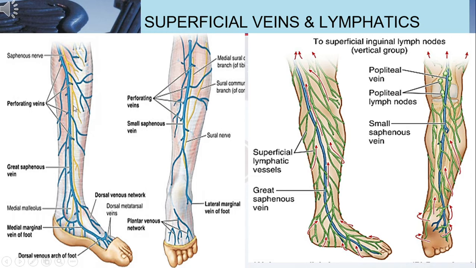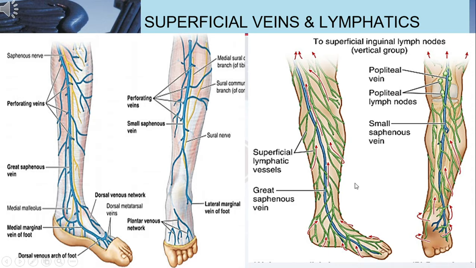This vein is going to end in the femoral vein in the anterior aspect of the thigh. Then on the lateral side, we have the lateral end of the dorsal venous arch joining with the lateral marginal vein of the foot to form the small saphenous vein. The small saphenous vein is going to end in the popliteal vein in the popliteal fossa.